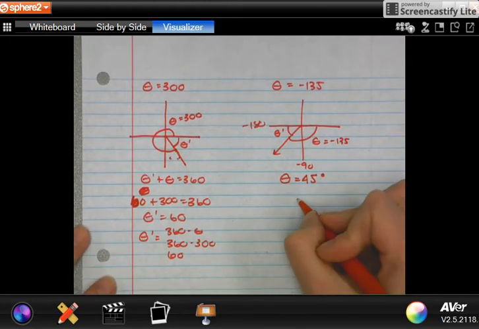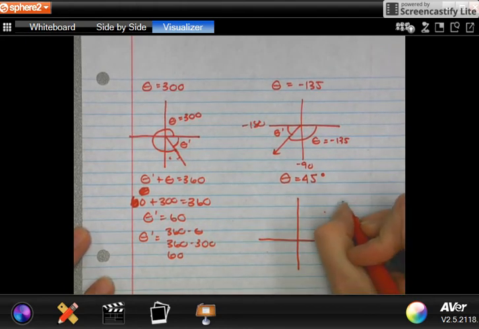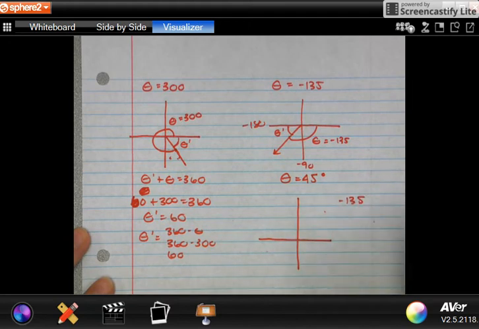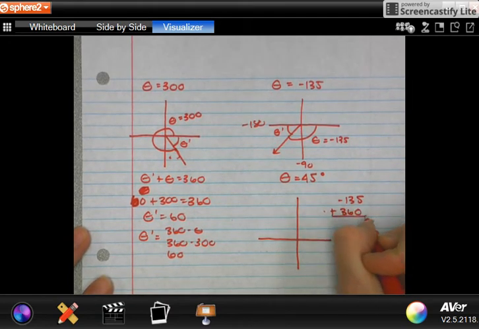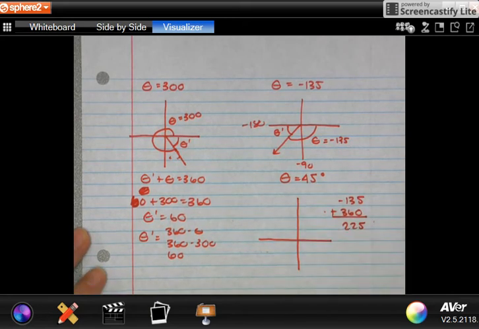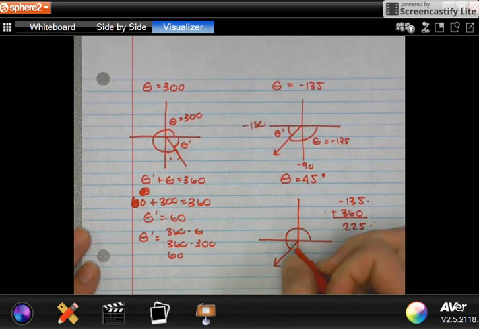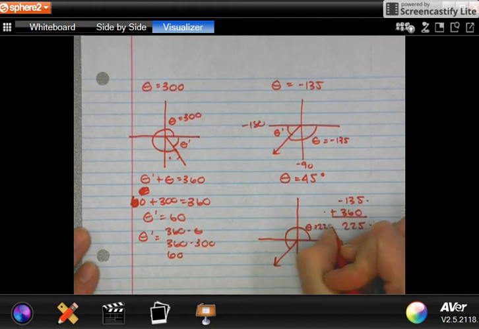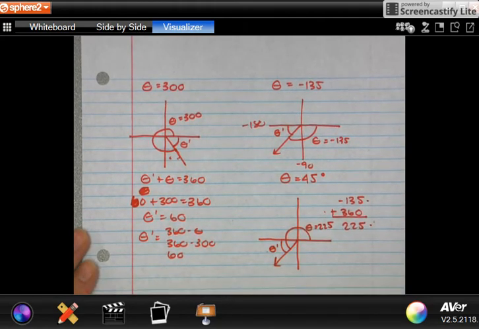You can think about this in another way. Negative 135 is coterminal with 225. I know that because if I add 360, negative 135 is the same as 225. 225 is right here. That reference angle, theta prime, would be that piece.